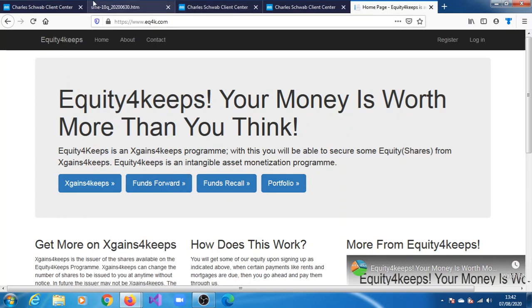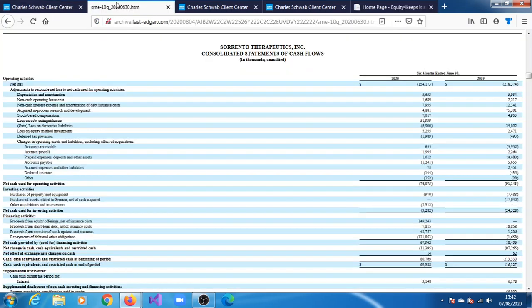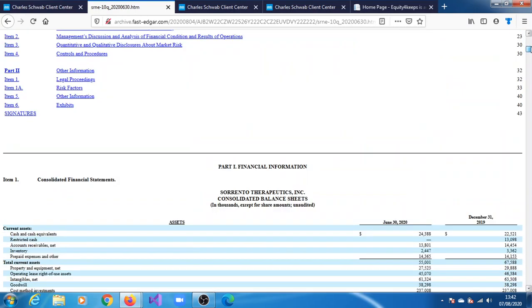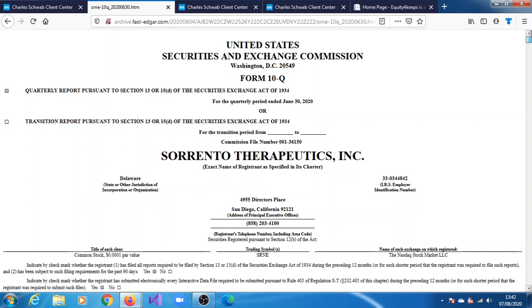Okay, so before we begin, let's have a look at the financial statements. This is Form 10Q, and it was for the quarterly period ended June 30th, 2020.